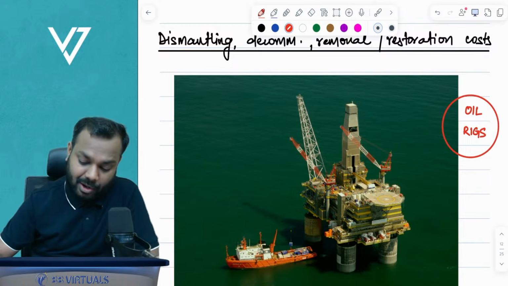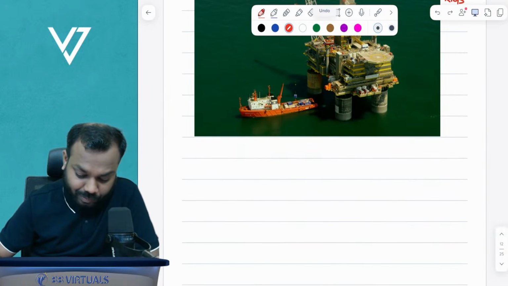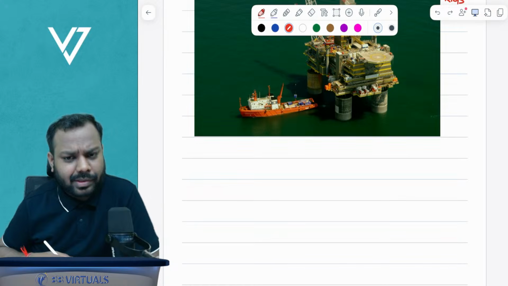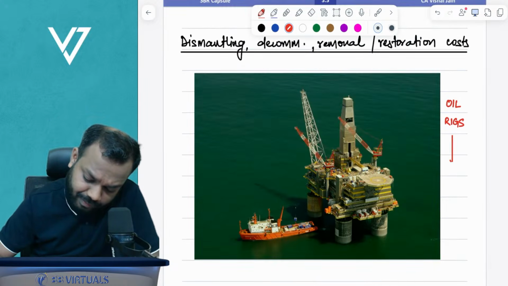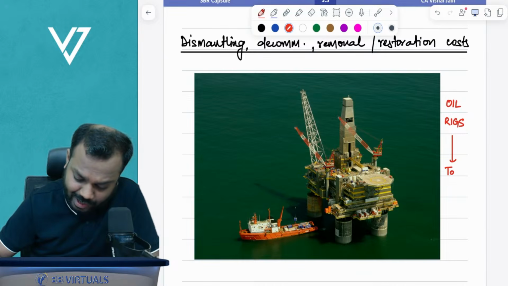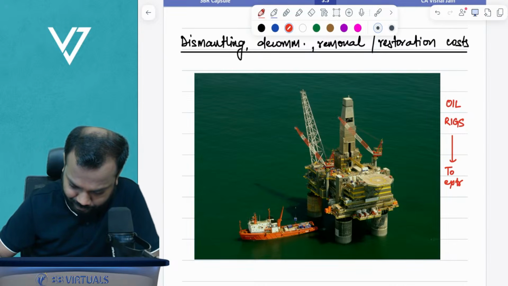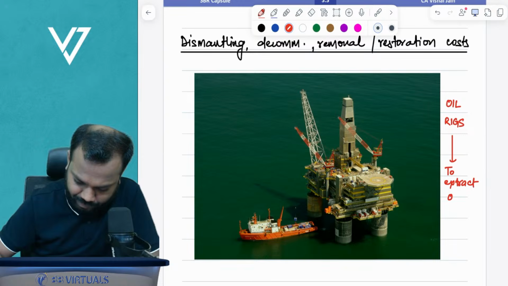Now, what is the purpose of these oil rigs? The purpose of this oil rig is to extract oil from the sea bed.